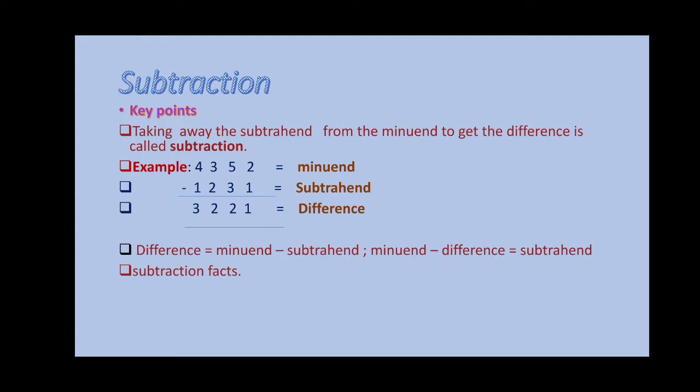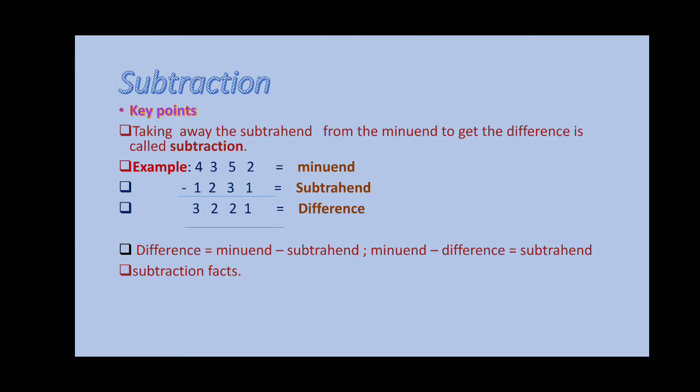You remember that we can subtract the smaller number from the bigger number. In class 1, 2, 3 you learned that concept. In class 4 you started subtraction with borrowing.